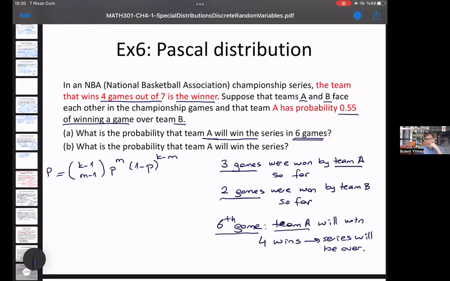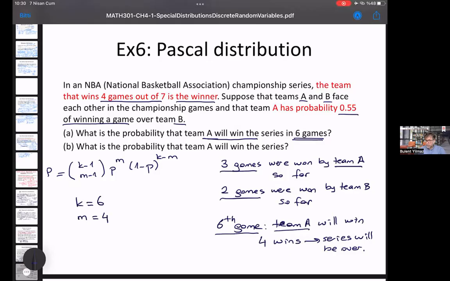So, as many of you pointed out, what is K here? My friends, what is K? Isn't it 6, hocam? 6, exactly. 6 is K. What is M? 4.